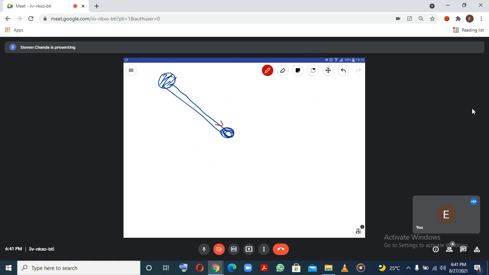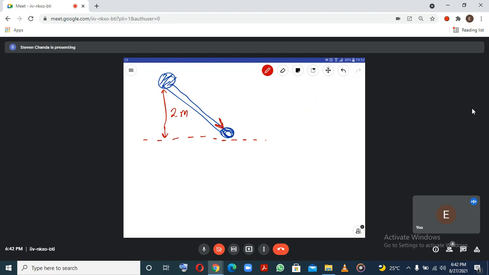So it's coming down. The distance is 2 meters.